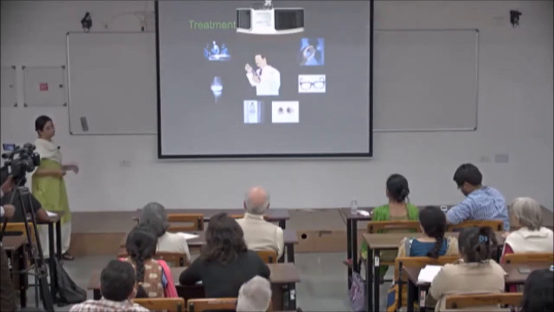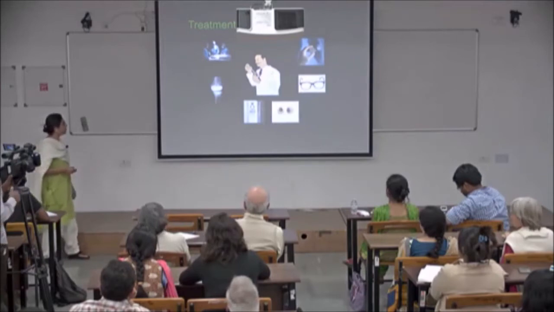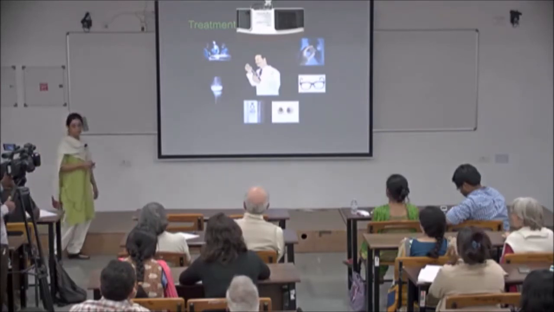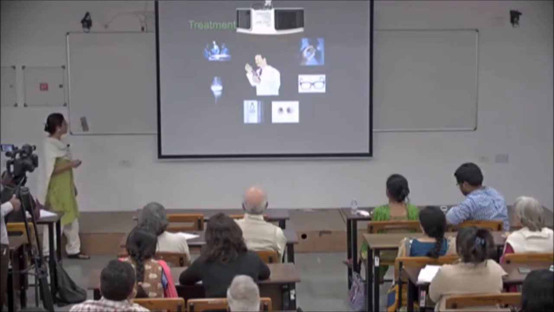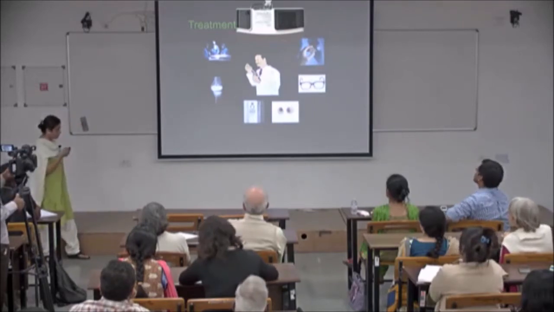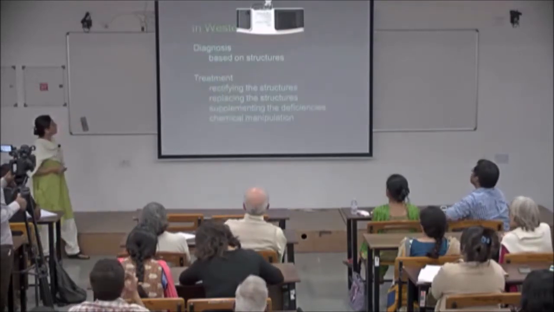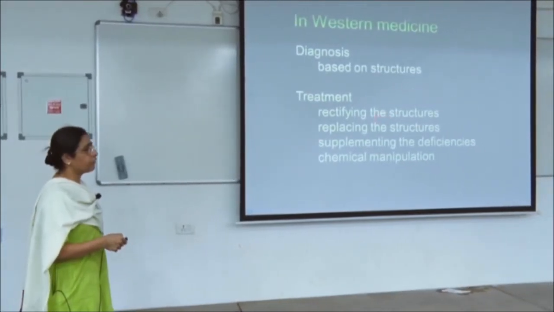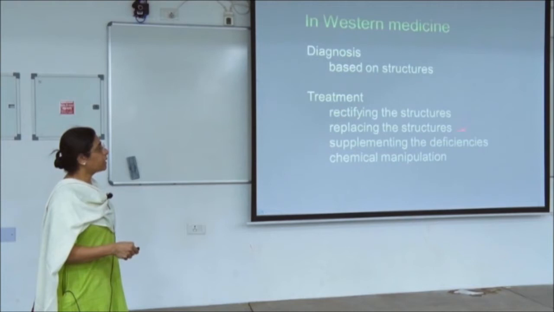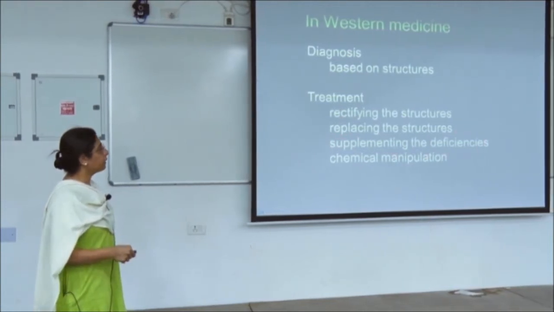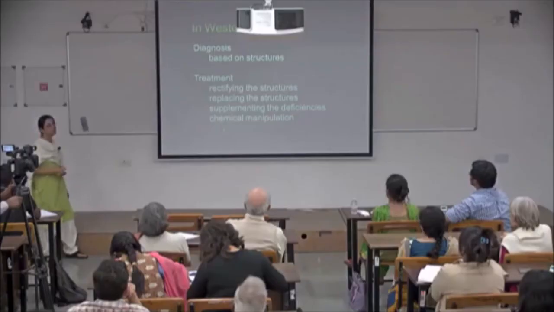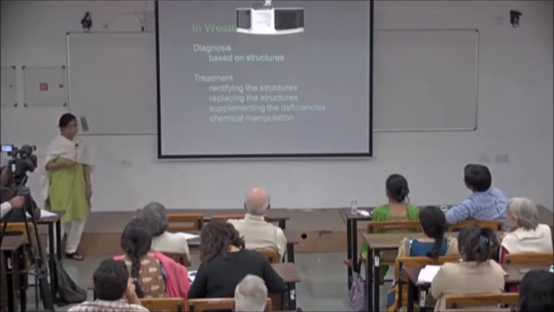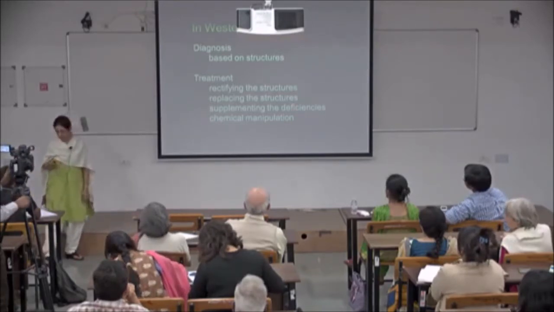And if a person has short sight, not able to see, then a mechanical intervention is provided and so on. So this is a prosthetic knee. So the diagnosis is based on structures and the treatment is either rectifying the structures or replacing the structures or supplementing the deficiencies, or there is a chemical manipulation. And chemical manipulation is again structure based.